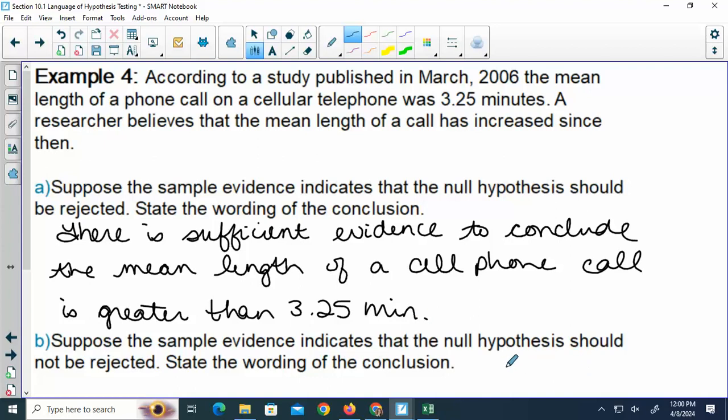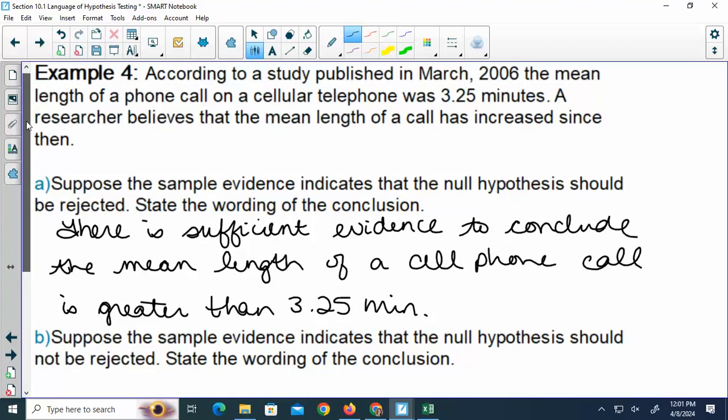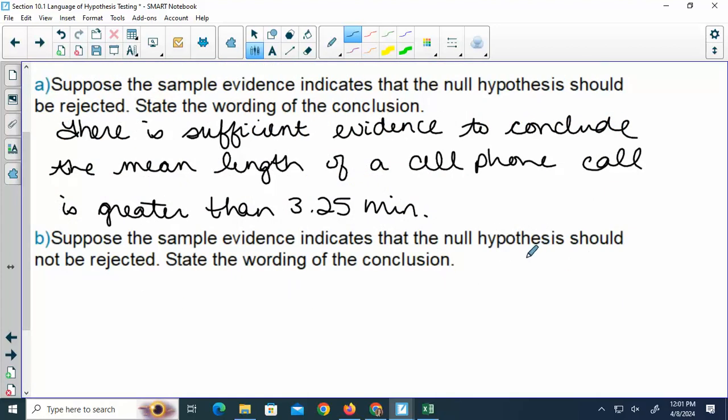So we had enough evidence to reject the null hypothesis. We don't think that's true anymore, so that means if the null isn't true, it's our alternative. So we have enough evidence to conclude that it's increased. If we get to the end and we don't have enough evidence to reject, did I prove that the mean phone call length was 3.25 minutes? We didn't prove that it was, we just failed to prove that it's not.